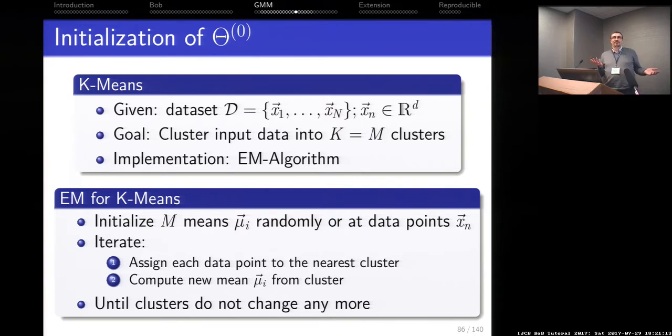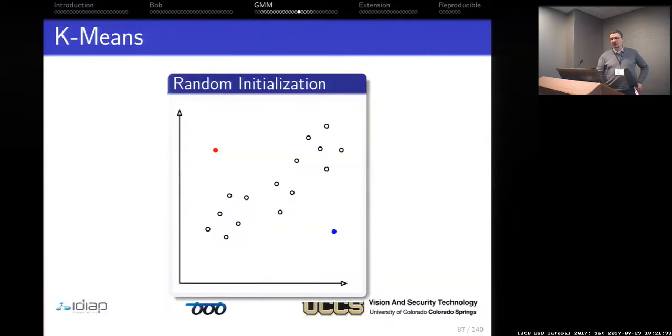We initialize by taking random data points as our initial centers, then we assign each data point to the nearest cluster and compute the new mean from the cluster. That's very simple, and we do that until the clusters don't change anymore.